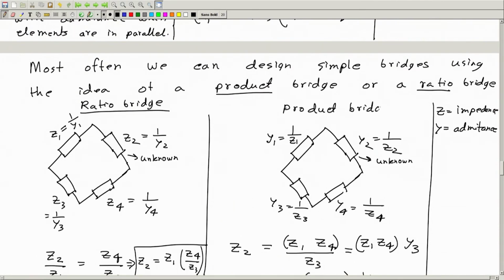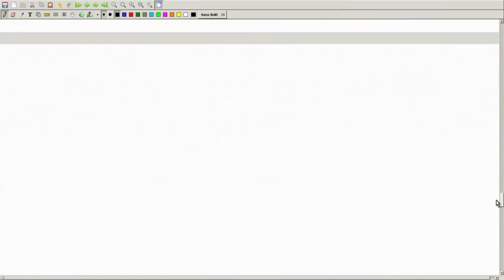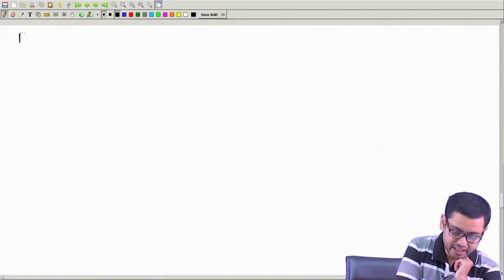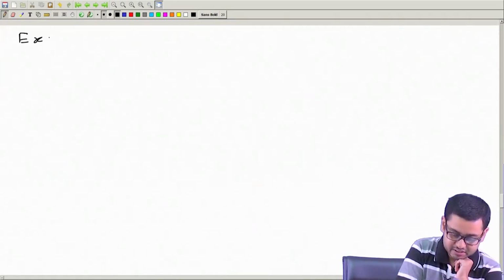These are the two forms of the bridge that we can often use to design bridges. Now, we will take an example with which this idea will be quite clear, I guess.